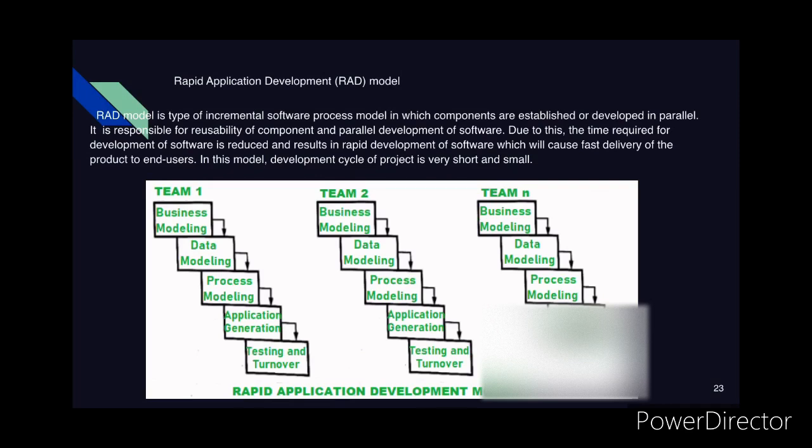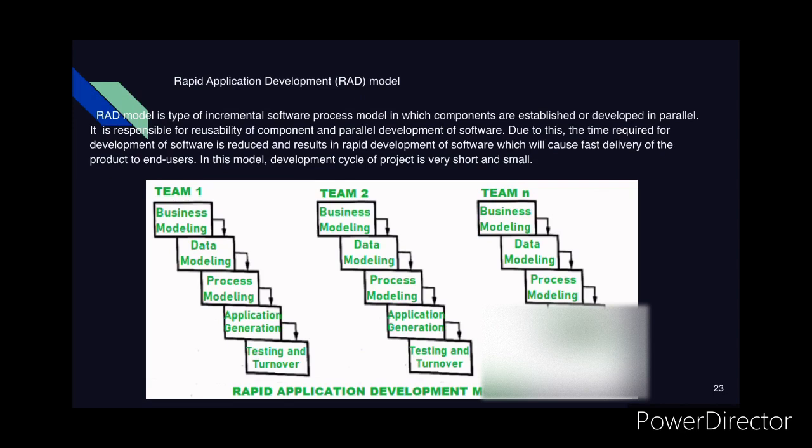And after data modeling, it goes to the process modeling phase. In this phase, the data objects which have been developed in data modeling are converted into the required reusable processes. During this phase, changes and optimization in project development can be done as per the requirement of the customer or the organization to increase the value and quality of the product.